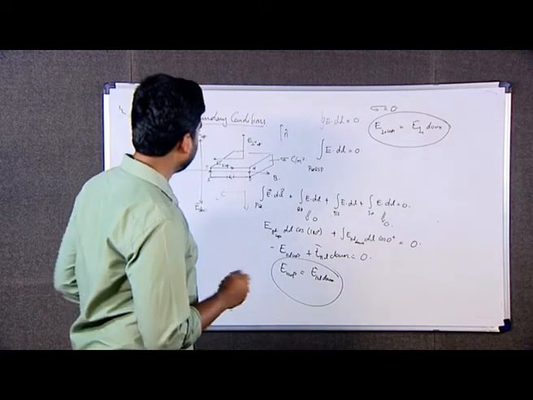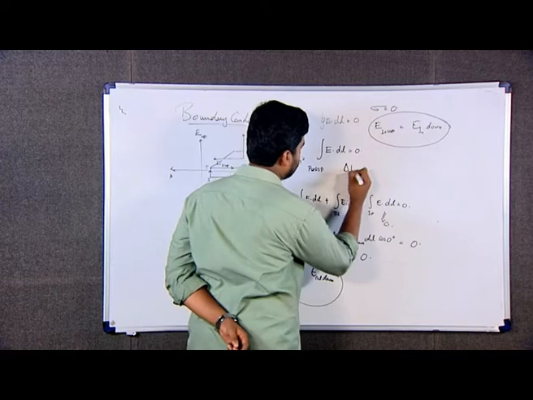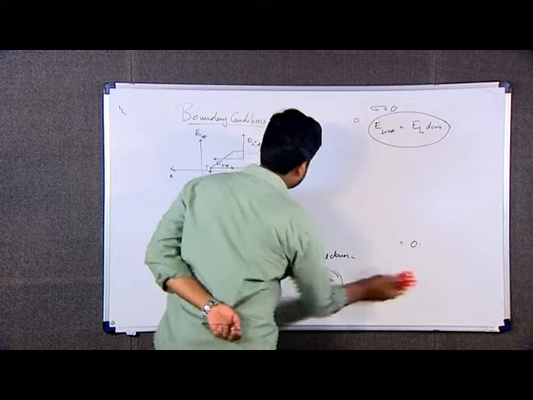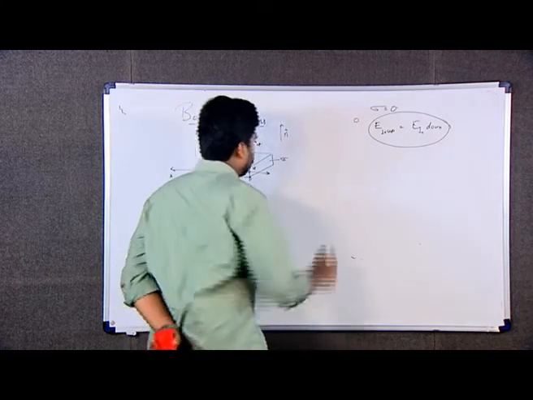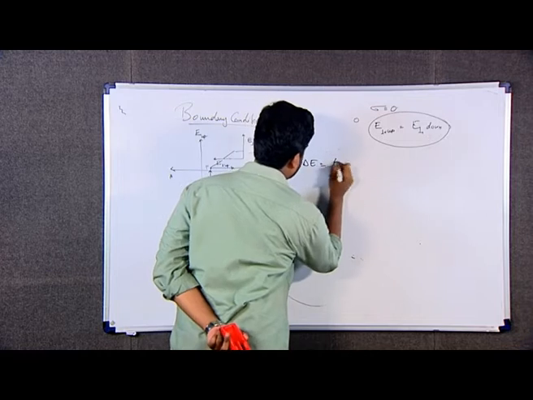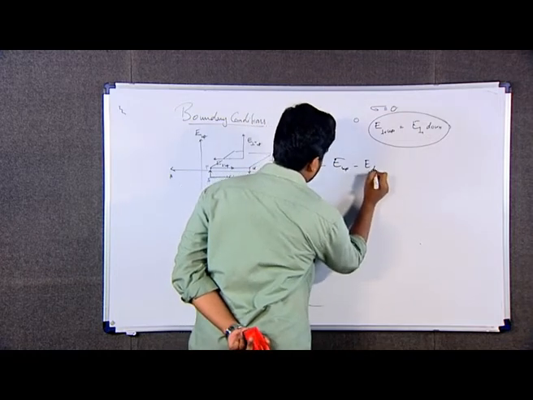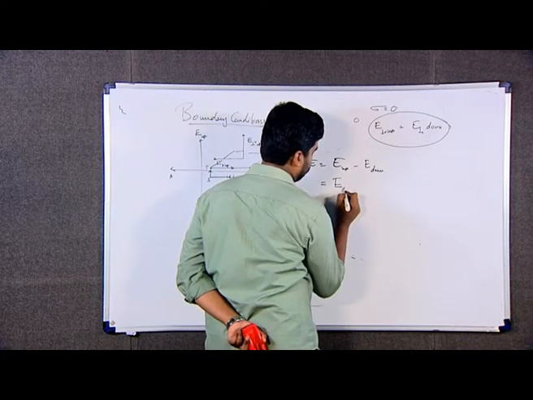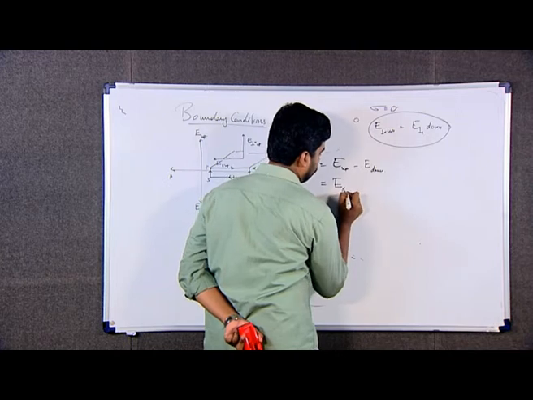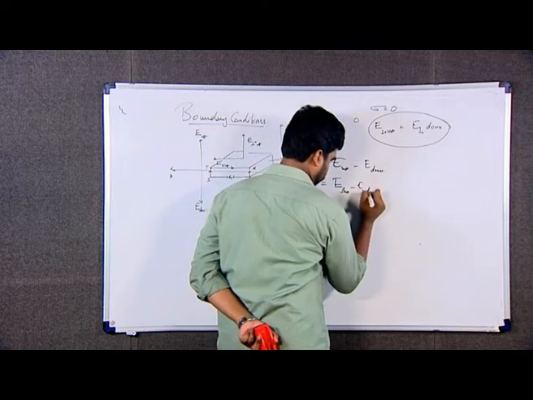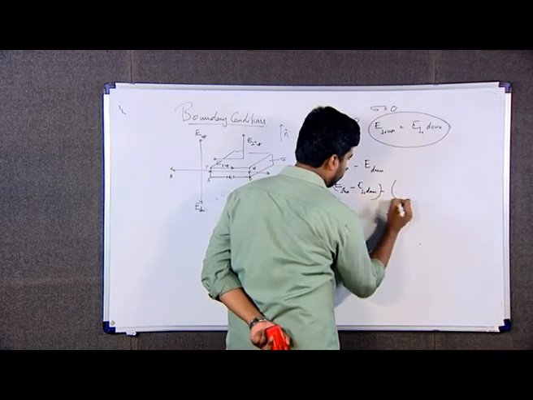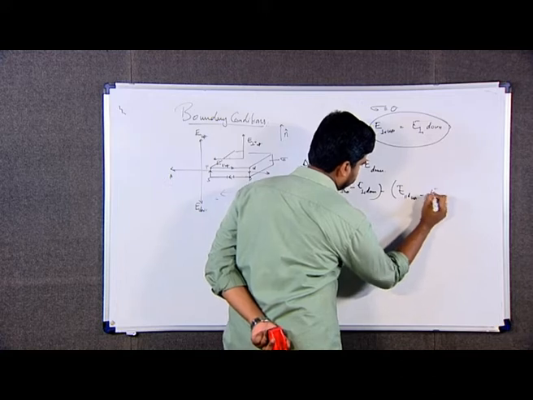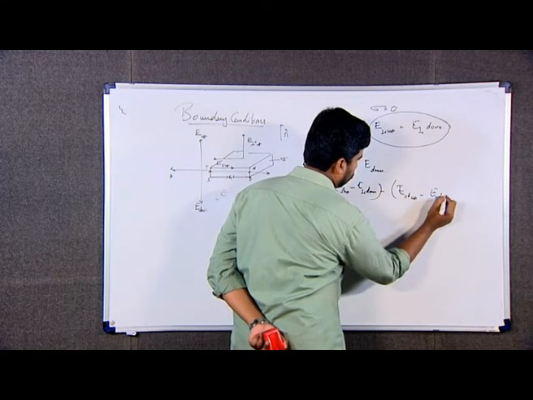We know that delta E, our main equation, is equal to E up minus E down, which is equal to E perpendicular up minus E perpendicular down plus E parallel up minus E parallel down.